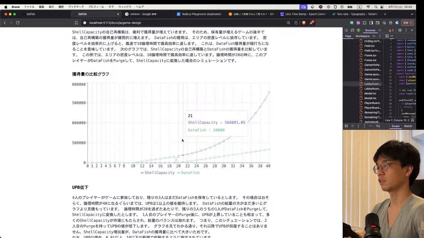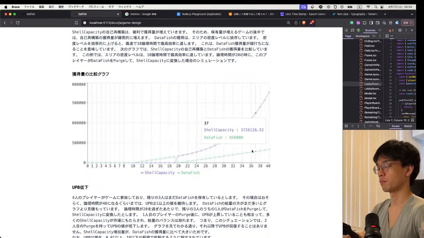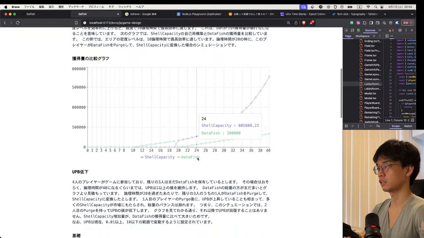And then, as you can see, the amount of shell capacity is going up at a good speed. On the other hand, data fish is not good compared with shell capacity.